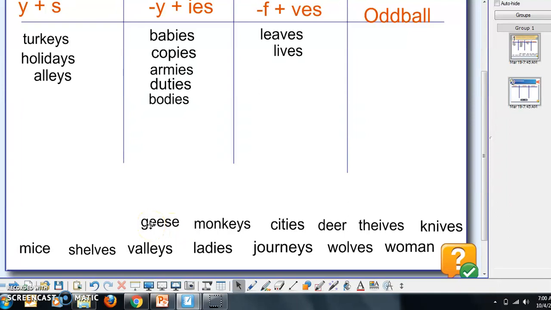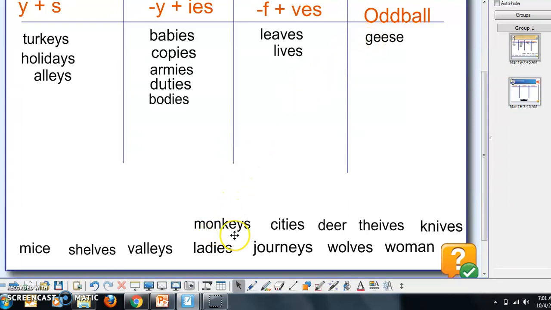Geese can be singular or plural, like our example from up above when we were referring to deer, when we have more than one or just a singular deer in a field. So geese would not fall under any of these headers for this week's sort. The only column that it should go under would be the oddball column.